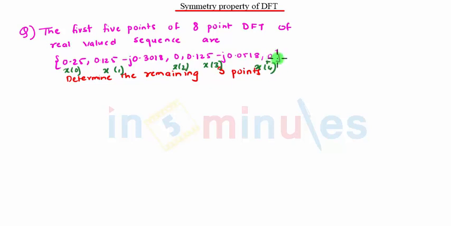So we know that this sequence is a real valued sequence. According to the property of symmetry, we have X star of k is equal to X of N minus k. That is equivalent to X of k is equal to X star of N minus k.